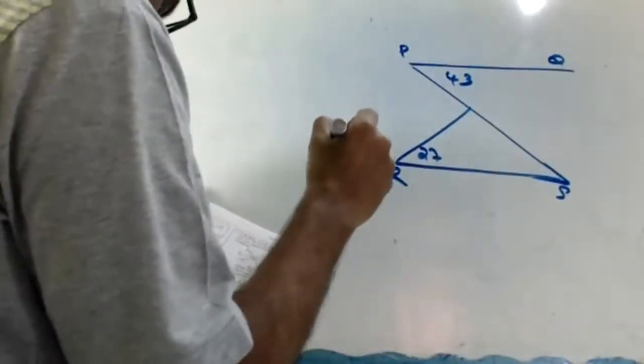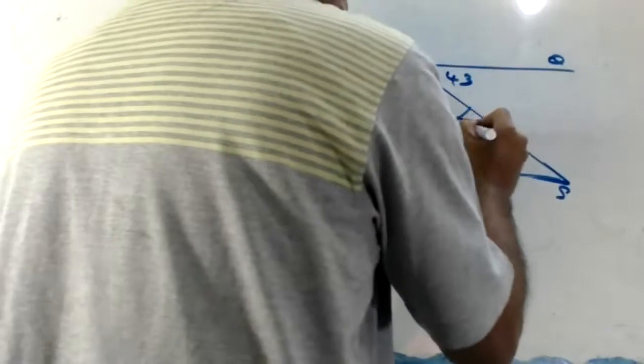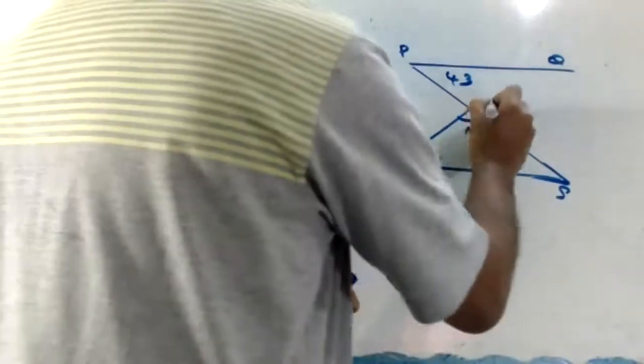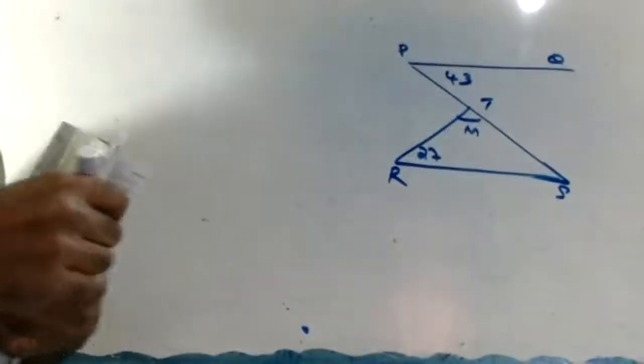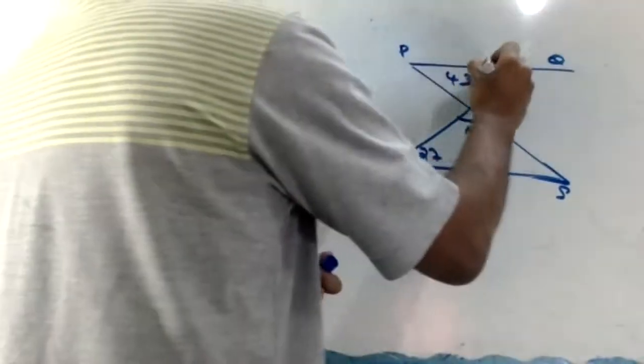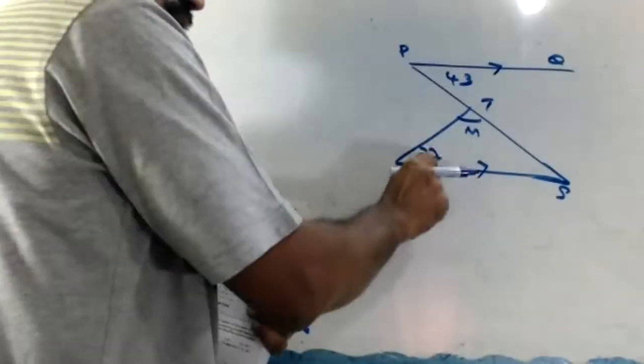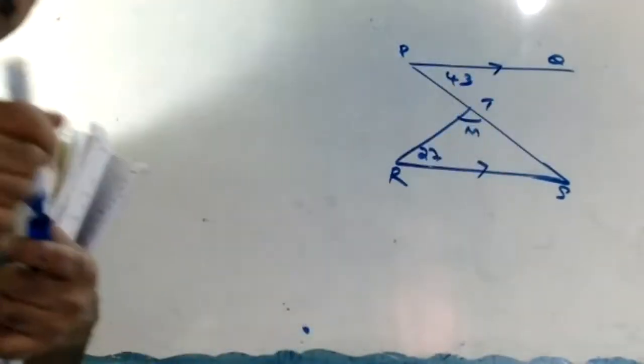Find the value of M. This angle we have to find out. PQ, this angle, this is parallel here. Here 43, 27. Find the value of M. Okay, find first.